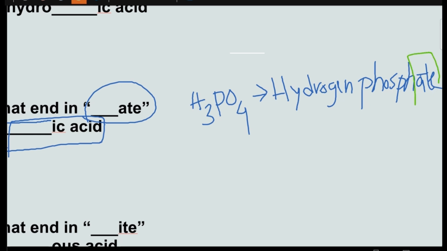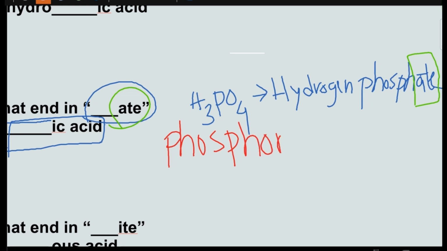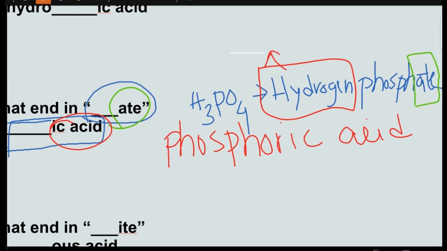So we will replace the last 3 letters ATE with IC. So the name of the acid will be phosphoric acid. We did not mention hydrogen here, because in this case we do not have to mention hydrogen. We just add IC with the anion and add acid to it.